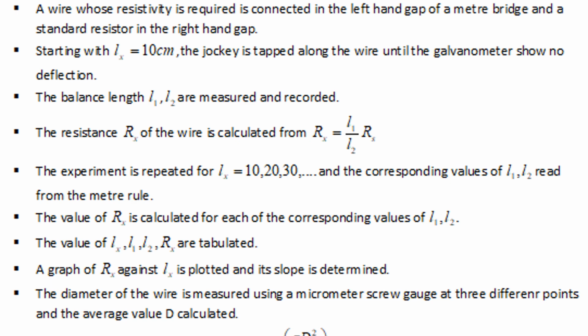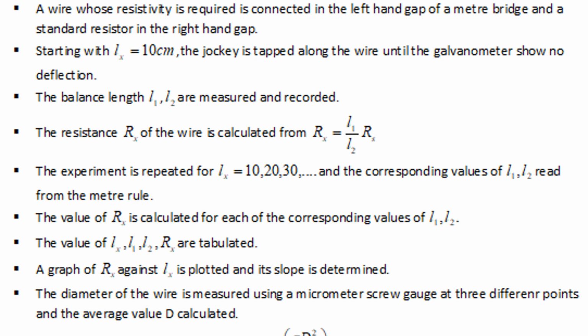Starting with the length L equal to 10 centimeters, the jockey is tapped along the wire until the galvanometer shows no deflection. The balance lengths L1 and L2 are measured and recorded.